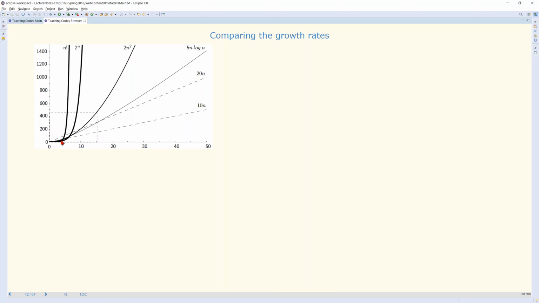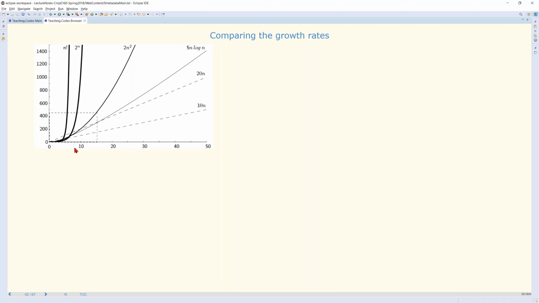However, the cheap one could have a complexity of n factorial or 2 to the n or 2n cubed or n squared, whatever. That means as the size of the input grows, suddenly those software become unusable.